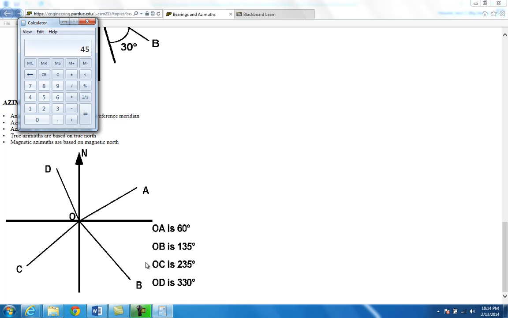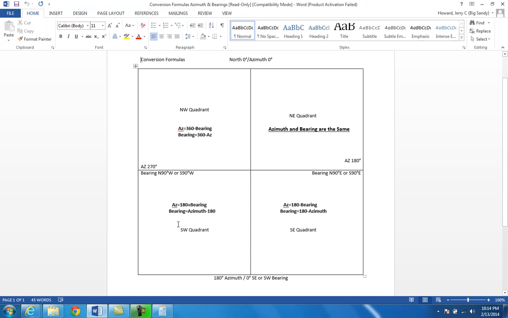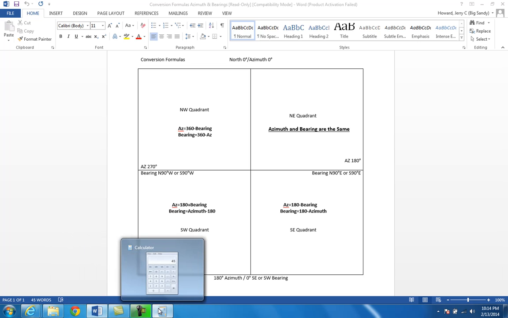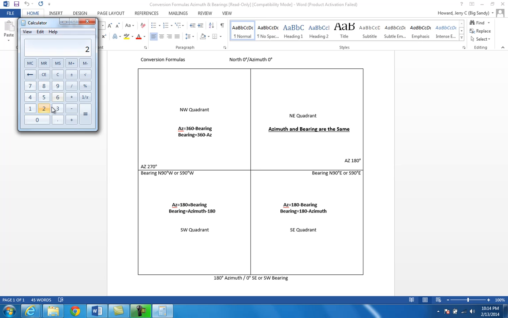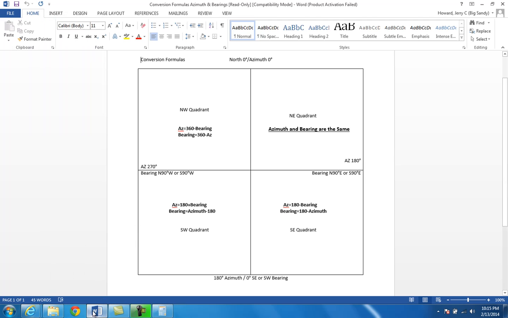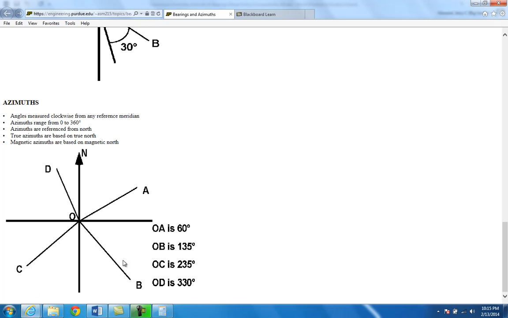You're kind of getting the point on this. From O to C, 235 degrees. Again, look at your chart. Azimuth to bearing, which was 235 minus 180. So again, 235 minus 180 equals 55 degrees on that one.